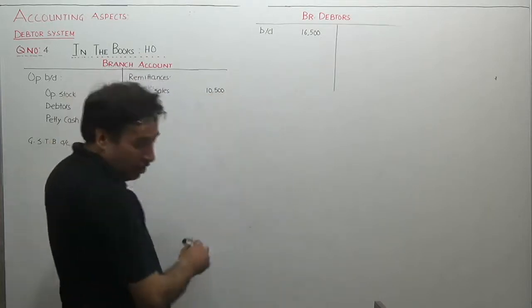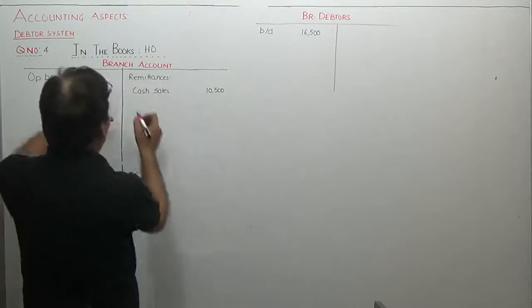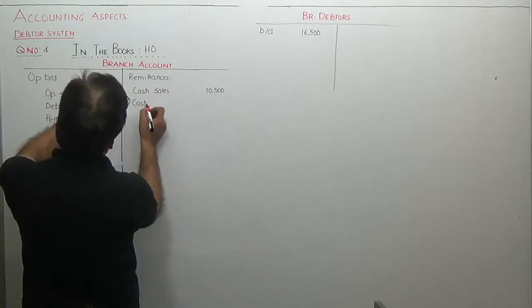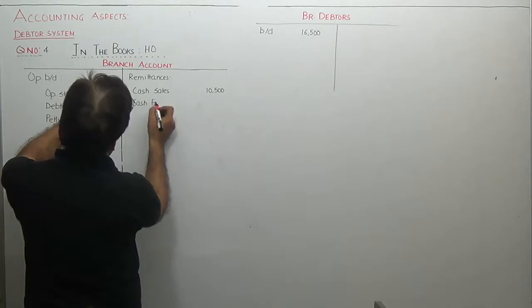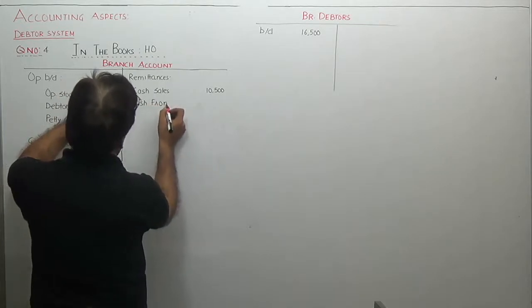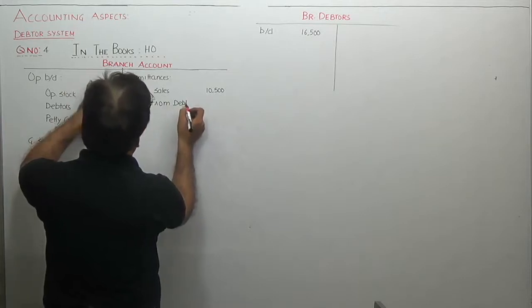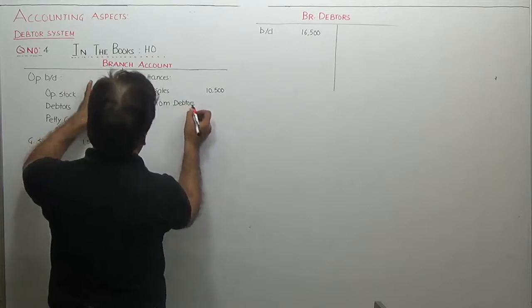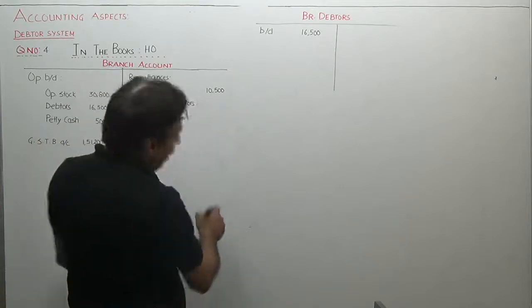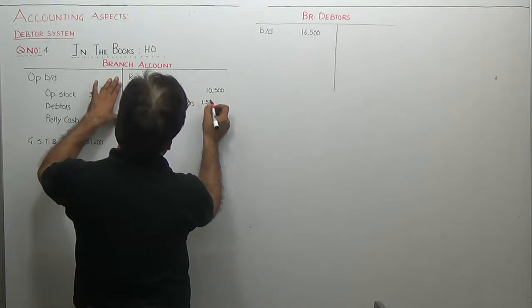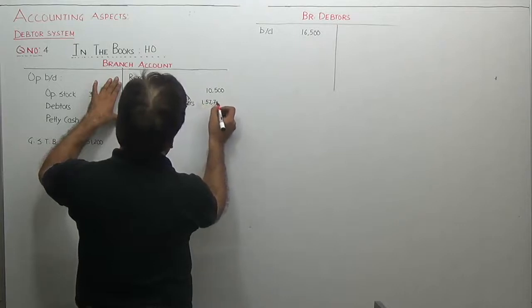And then realization of debts. Realization of debts means cash from debtors. So you realized from debtors this much of amount. Again you are going to put it on the outer column, that is 1,57,740.